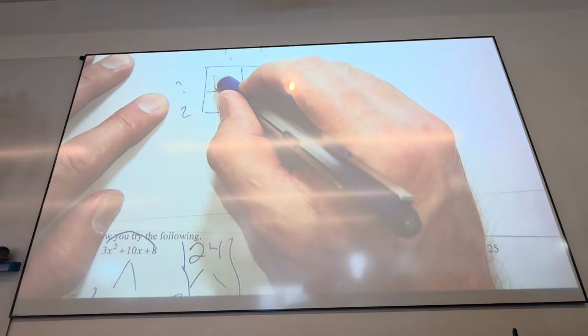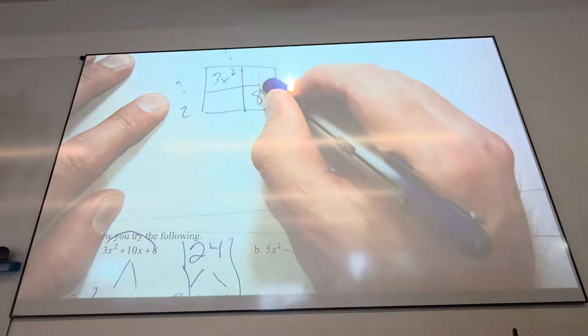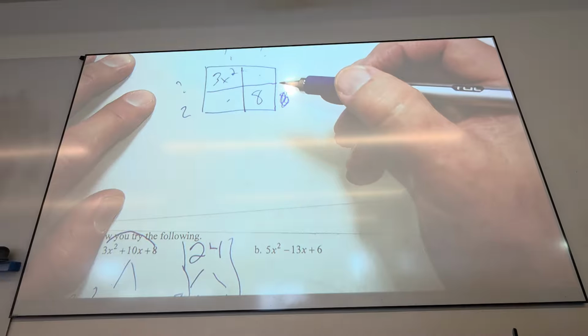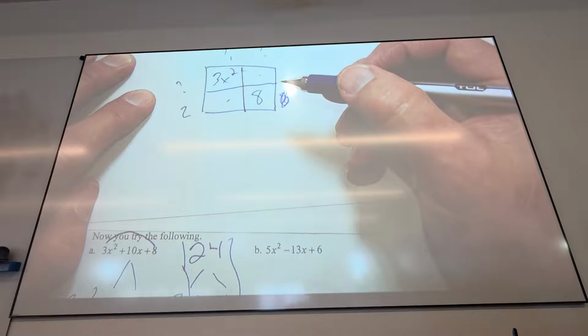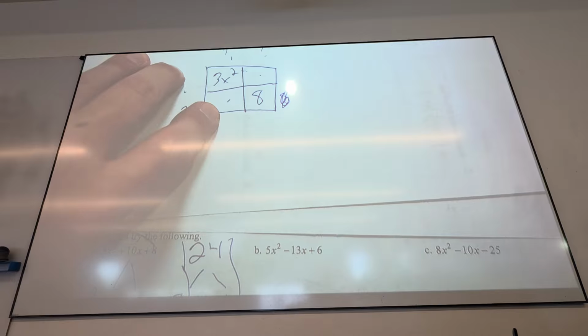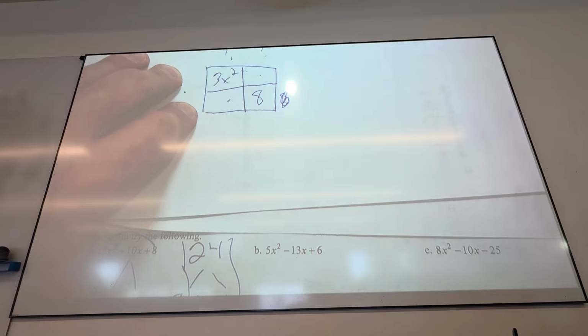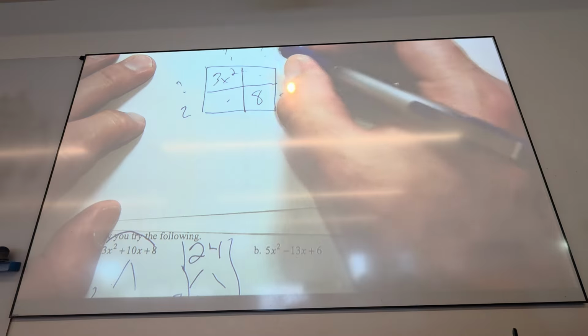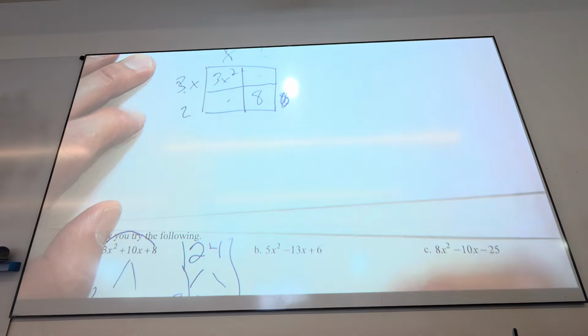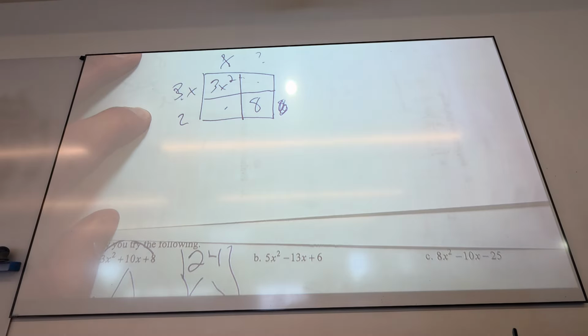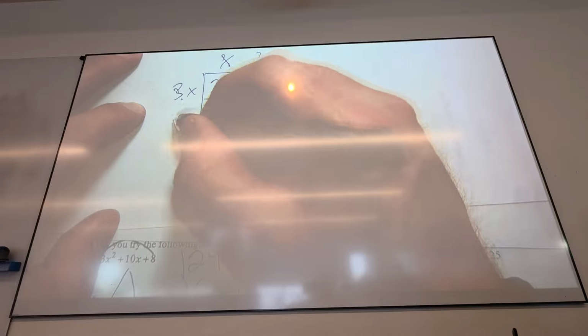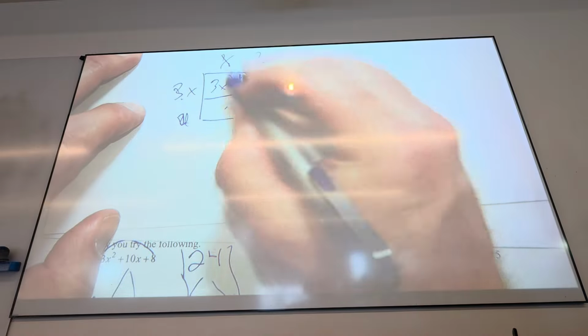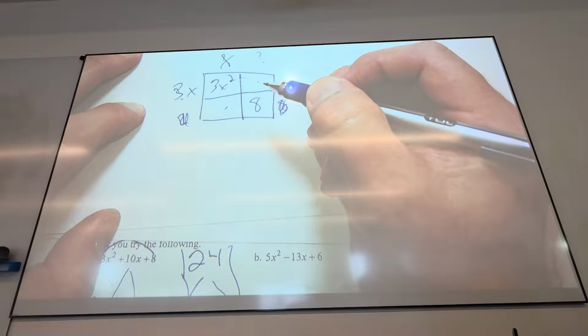And then the top is 3x squared, yes? Yeah, 3x squared. How do you know what happened here and here? I just know that they both add to get 10x. Sure. So you have to guess? I just multiply, because I put 3x on the outside of the 3x squared, then I put x on top, and then I add 2 to the top right box.